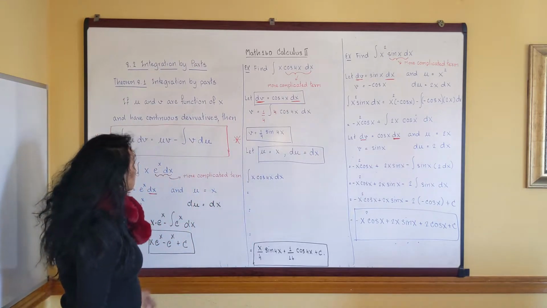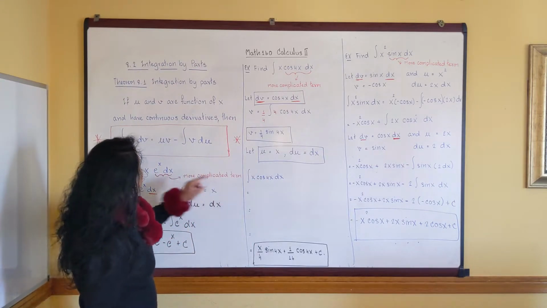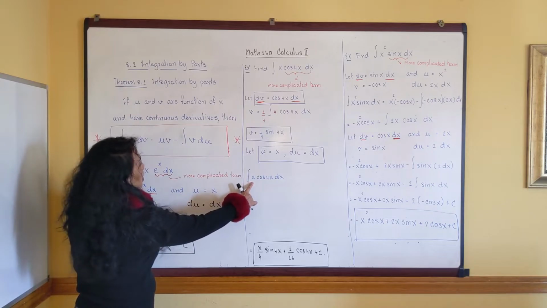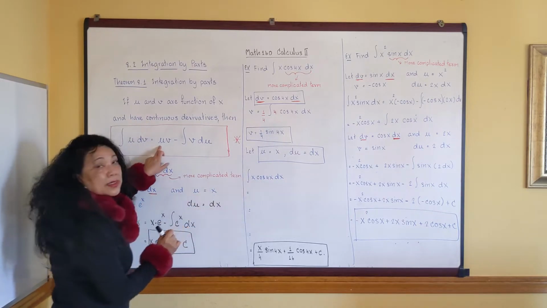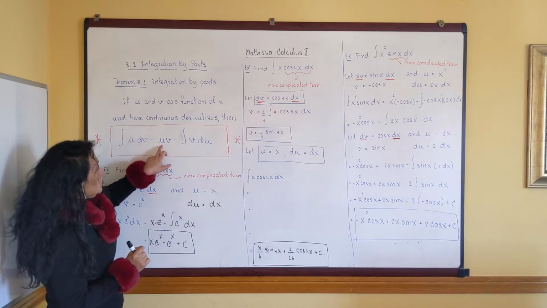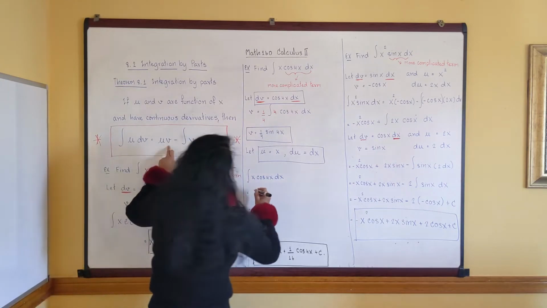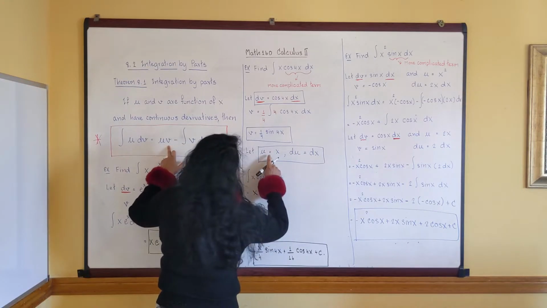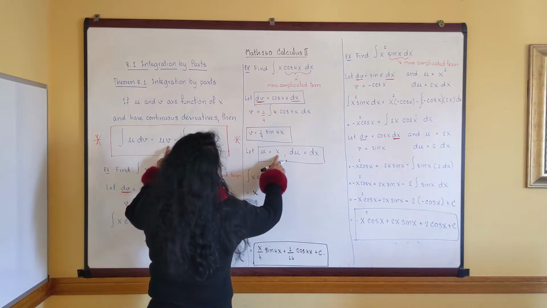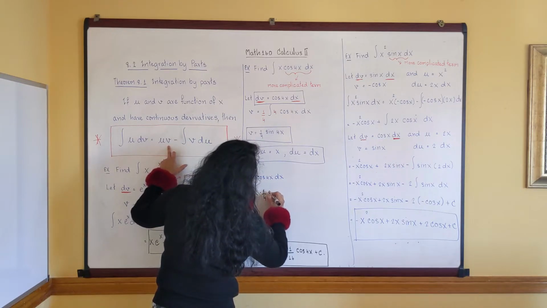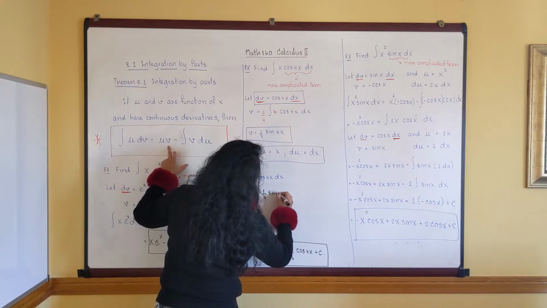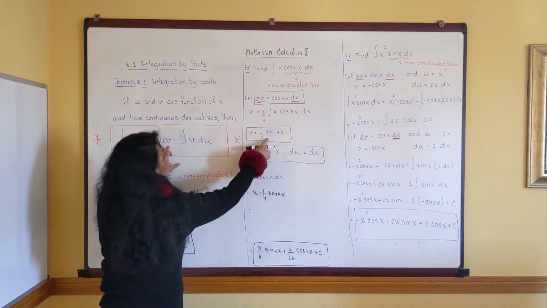Now we're going to put it in the formula. I have u dv, so it's going to equal u times v. My u is x times v. My v is 1/4 sine of 4x right here.